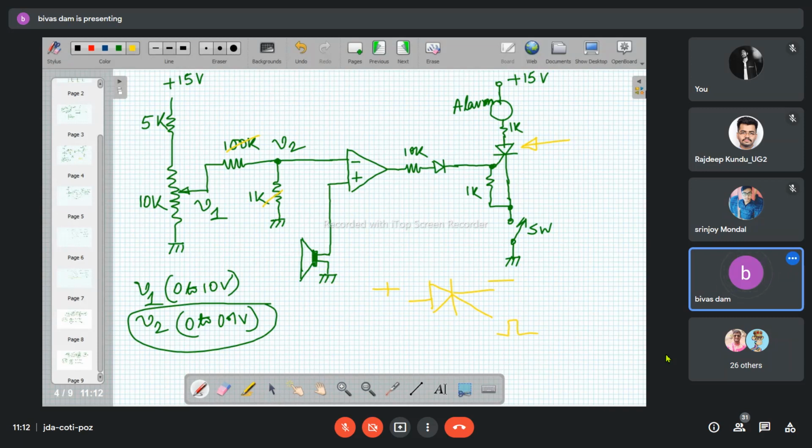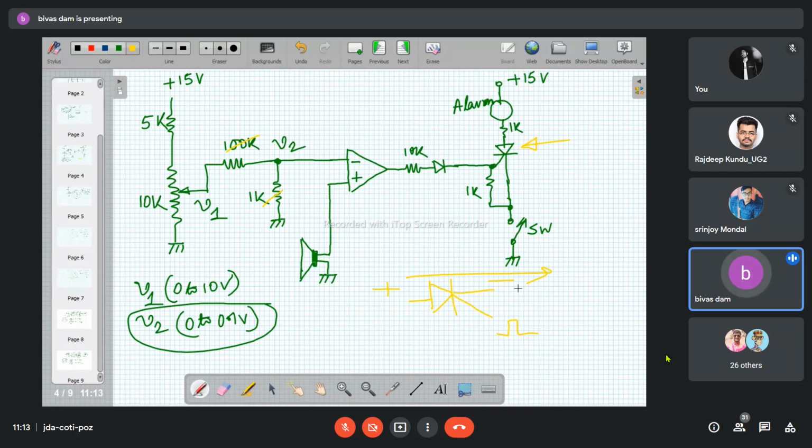But to bring the SCR to the off state, you have no option but to break the current path. Once the SCR is on, current flows continuously from anode to cathode. If you can break that current path, only then can you turn the SCR off.